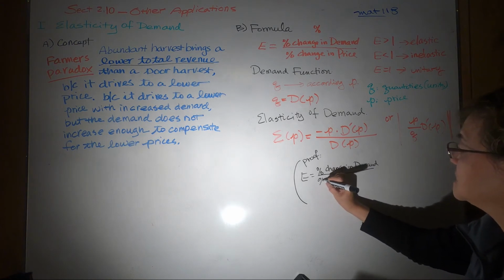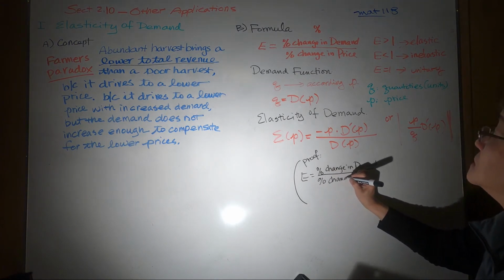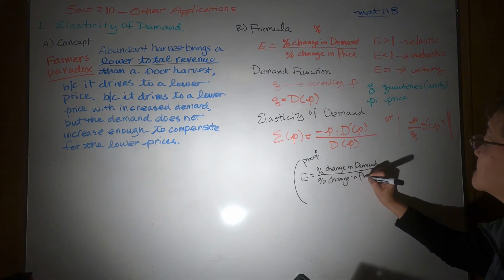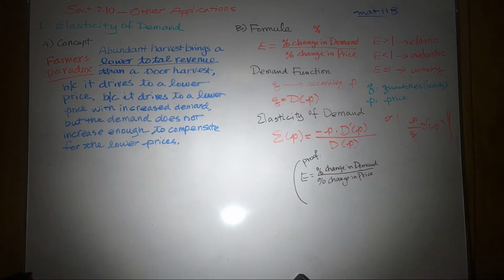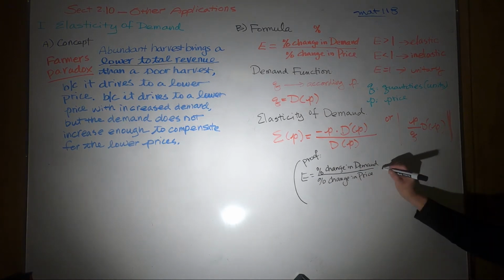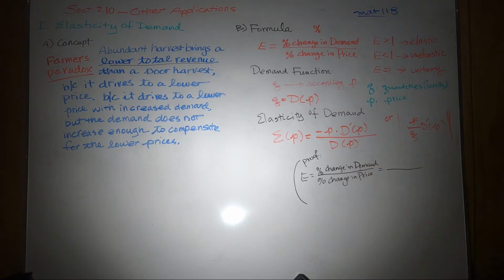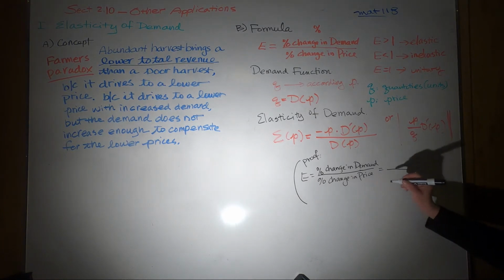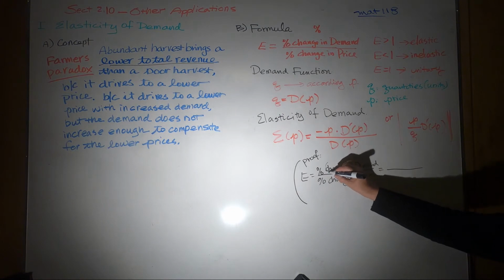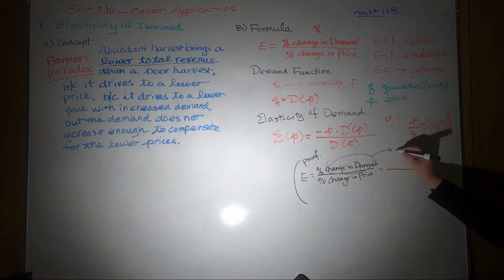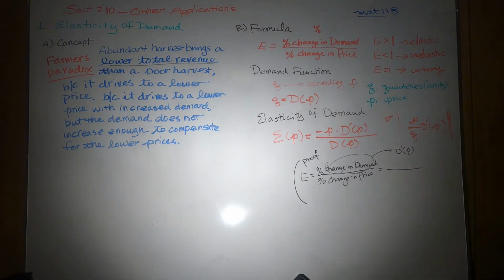Over the percentage change in price, right? Then percentage change in demand means what? The rate of change, right? The rate of change is what? Change in demand, this one is the rate of change, the derivative, right?